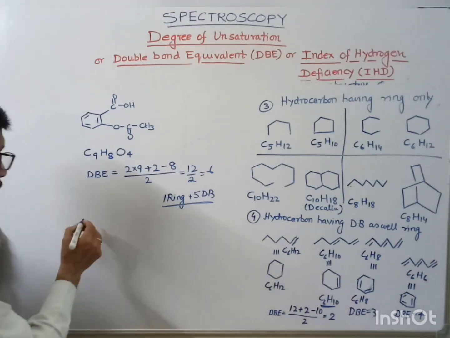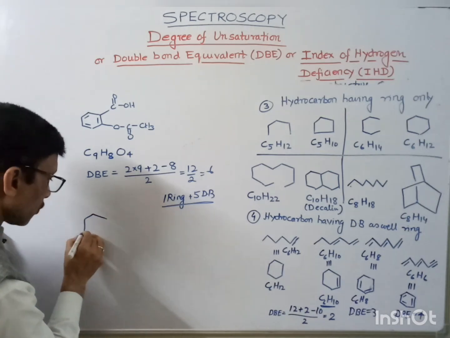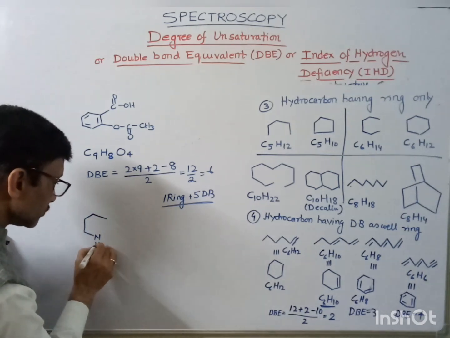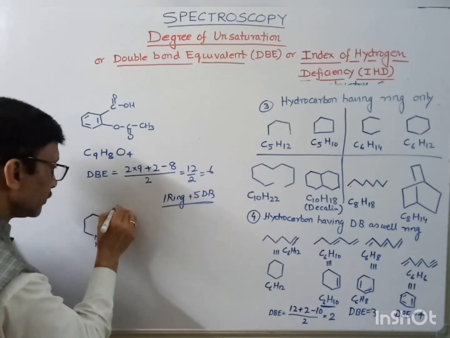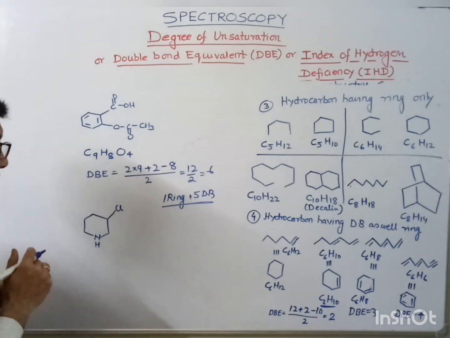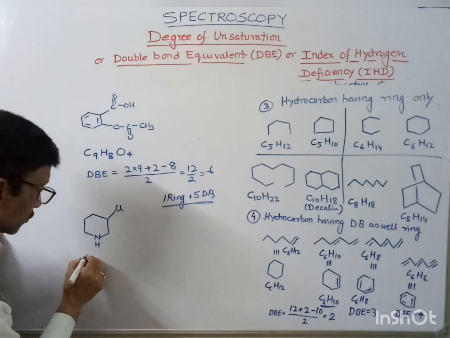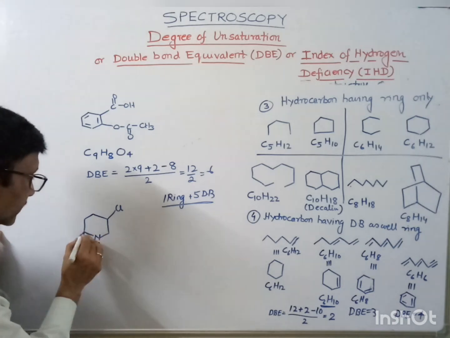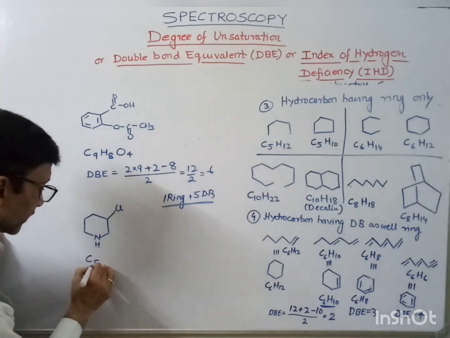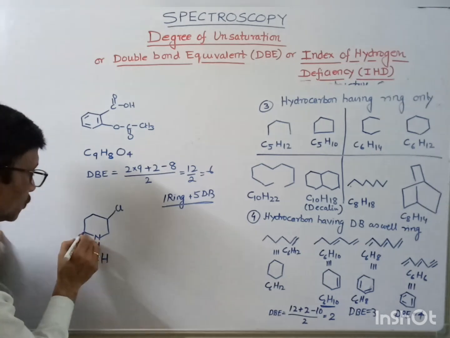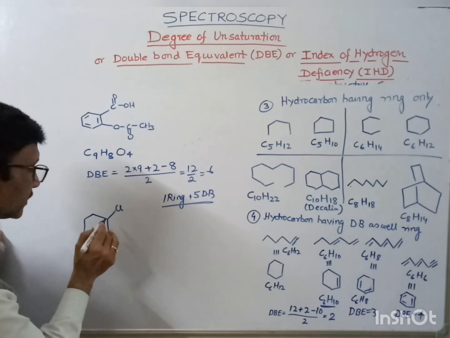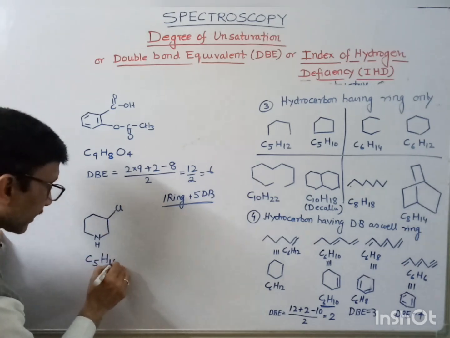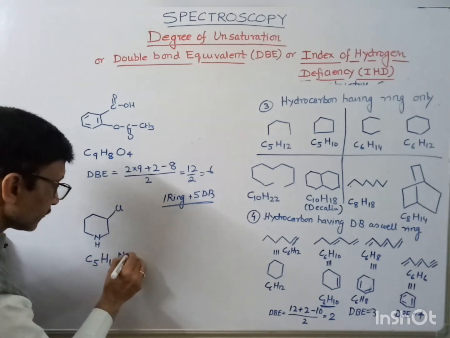In the same way, suppose we have a molecular structure which contains a nitrogen atom and a chlorine atom. The molecular formula has 5 carbon atoms, 10 hydrogen atoms, 1 nitrogen atom, and 1 chlorine atom.